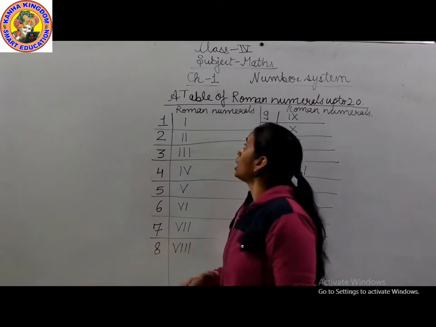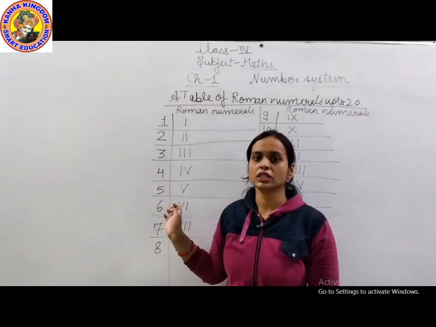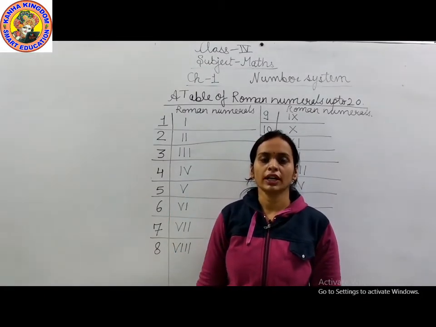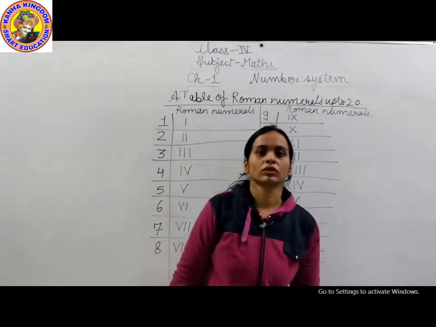So this is a table of Roman numerals up to 20. Write down this table in your notebook in neat and clean writing and make this table also. Okay.